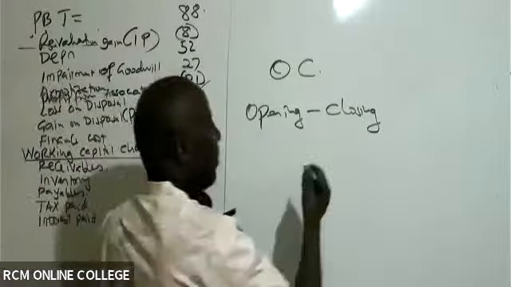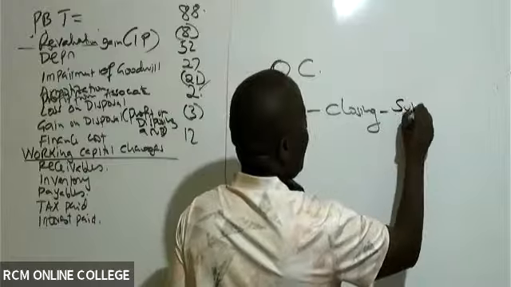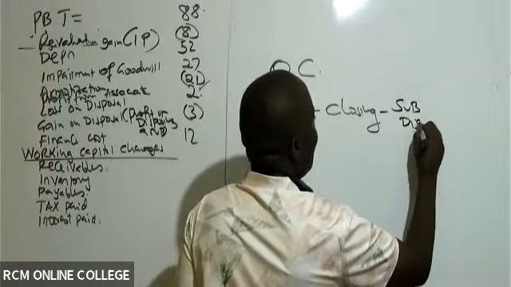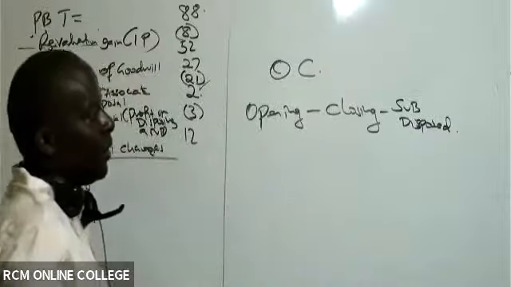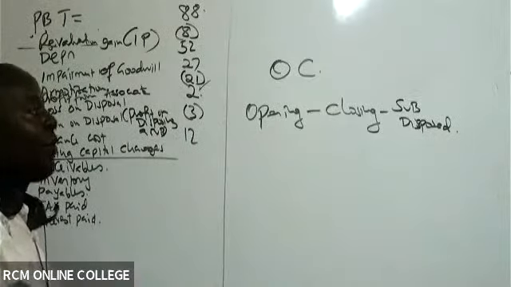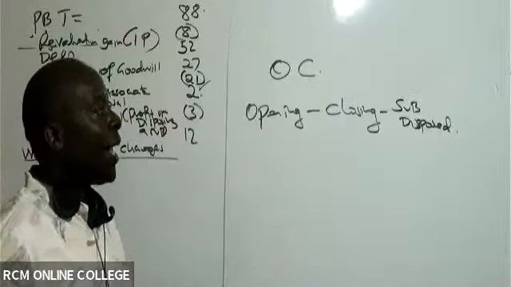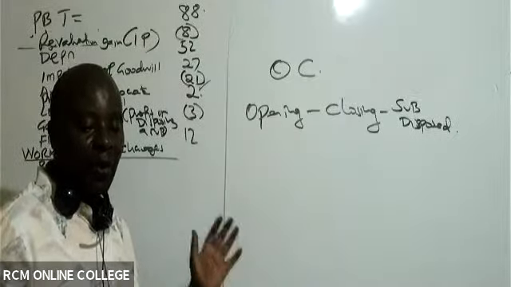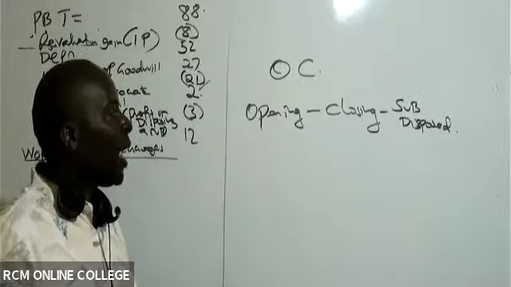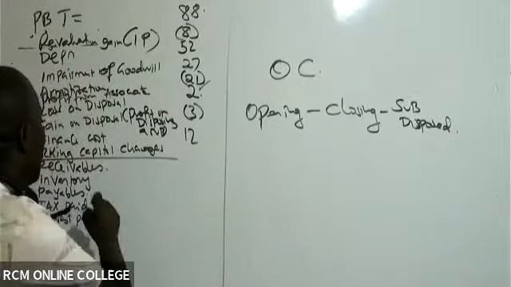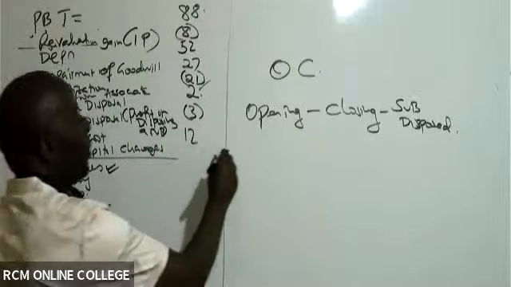Minus subsidiary disposed. If we acquired a new subsidiary, we would have said plus subsidiary acquired. But this is a subsidiary that was disposed, so it must be leaving with some things. So we start with the first one here, which is receivables.